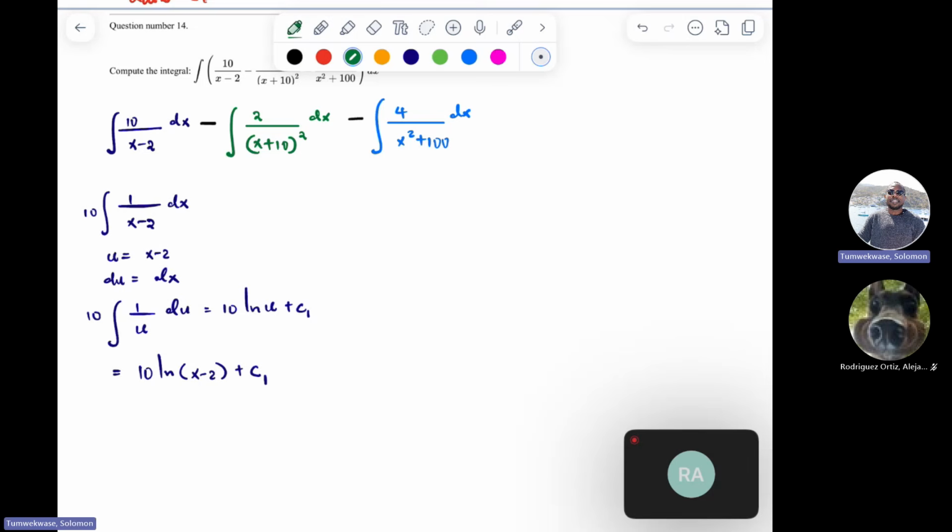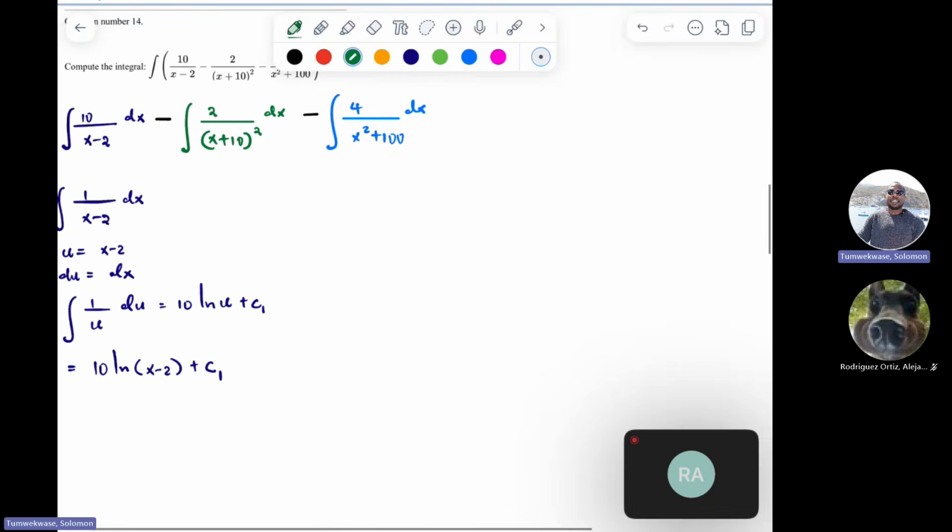Okay, then my second integral in green: I have the integral of 2 outside, 1 over (x plus 10) squared, dx. I'll let u be x plus 10.